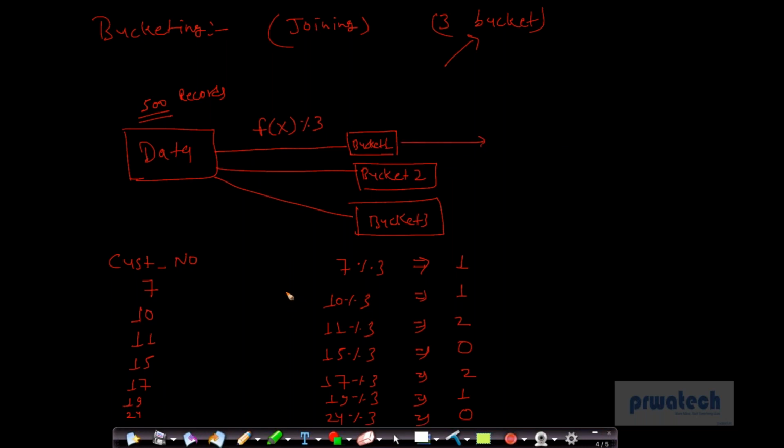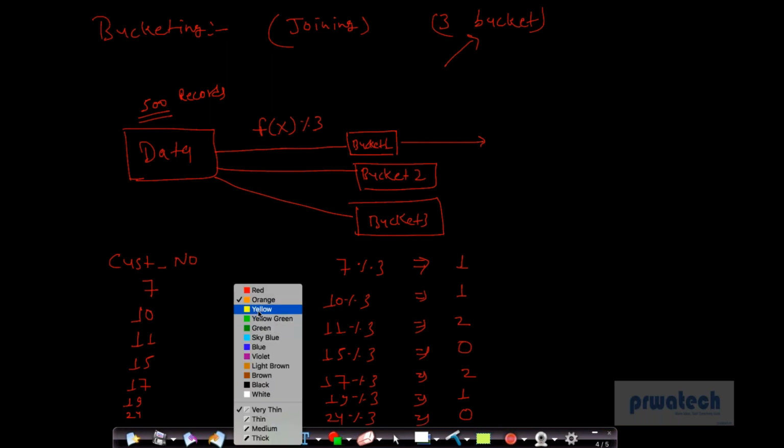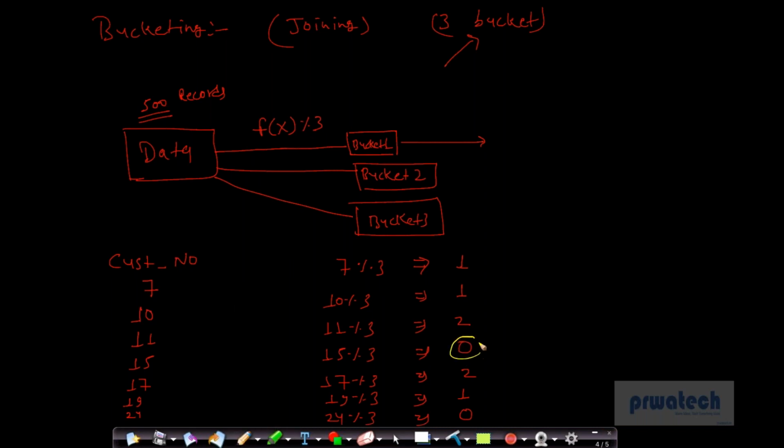Now my buckets will have customer numbers. Let me change the color. This data has remainder 0 and remainder 0, so whatever customer numbers we have there will go to bucket number 1, right? I'm just ordering this now.